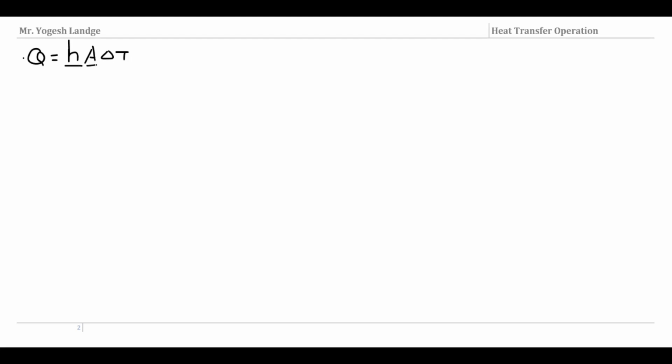The area we can get from 60 by 30. The temperature difference is also with us, but we do not know the value of h. So for that, we need to calculate h.